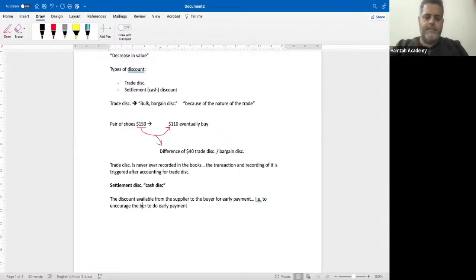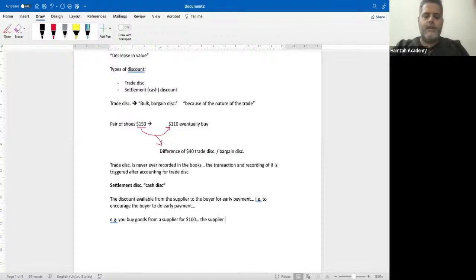And if the supplier is encouraging you to do the early payment, then it means this is the discount which he is offering. For example, you buy goods from a supplier for $100.